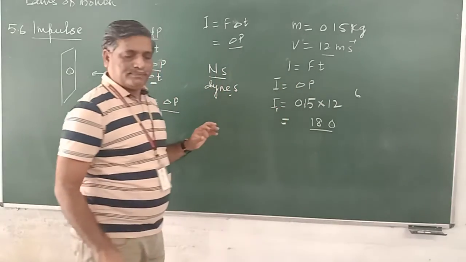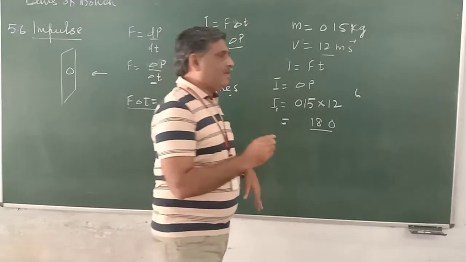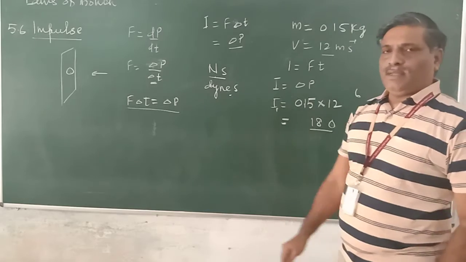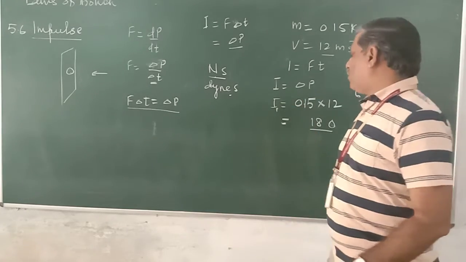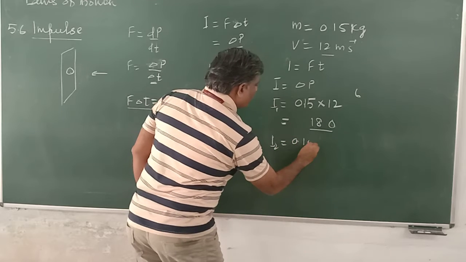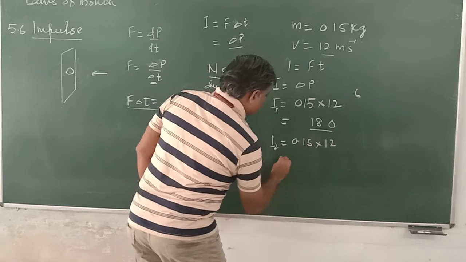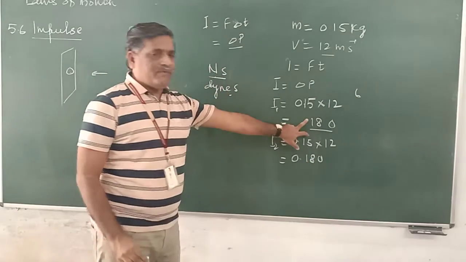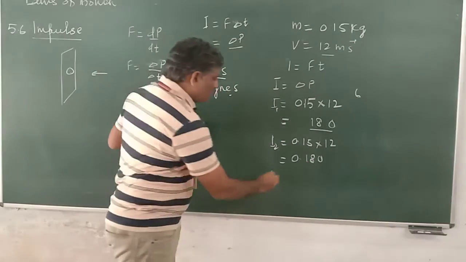Now it hits the batsman and the direction of the ball is changed. There is a change in direction of the ball. That again becomes 0.15 into 12, which is again 1.8. If we take this one as positive, this one should be negative.